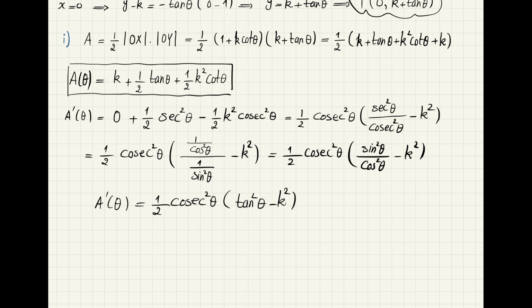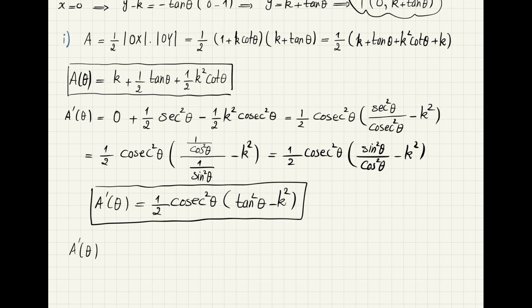Okay, so far so good. Now, because I am looking for a minimizer, I need to put A prime theta equal to 0. So if I put A prime theta equal to 0, then I will get 1/2 cosecant to the 2 theta tangent to the 2 theta minus k squared is equal to 0.